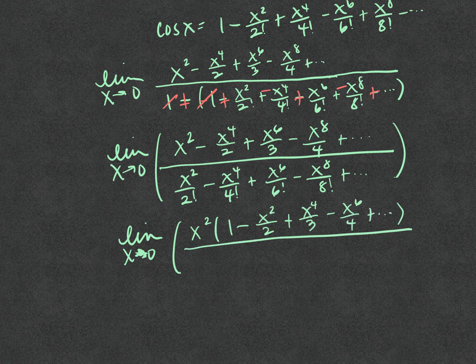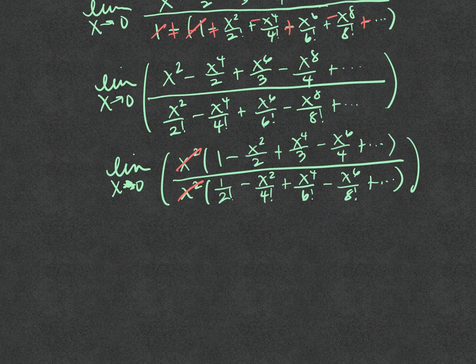And on the bottom, we have x squared times, now when we factor out the x squared, 1 over 2 factorial minus x squared over 4 factorial plus x to the fourth over 6 factorial minus x to the sixth over 8 factorial plus dot dot dot. Now these x squareds are the GCFs of the two lines, so they cancel beautifully.